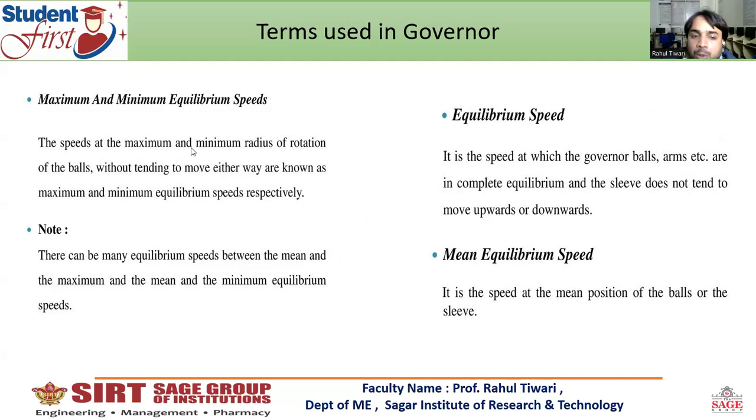N1 is the maximum speed, when the governor is at high speed and the load on the engine increases, and N2 is the minimum speed, when the governor speed is minimum and the load on the engine decreases. Equilibrium speed is the speed at which the governor balls' arms are in complete equilibrium, meaning they neither increase nor decrease at a stable equilibrium speed.